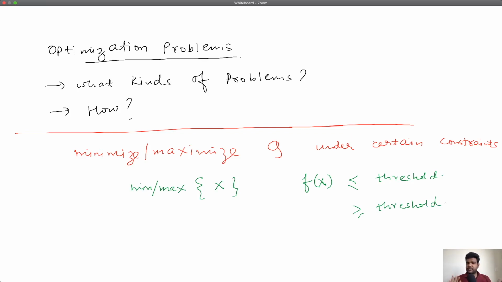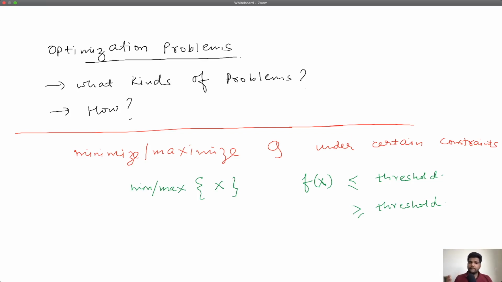So let's take a step back and see what I have told you. I've told you three things. First, that we want to solve optimization problems using binary search. So we want to understand what kinds of problems we can solve, and then we want to look at how we can go about solving those problems. Optimization problems, by definition: generally you are expected to minimize or maximize some quantity under certain constraints.